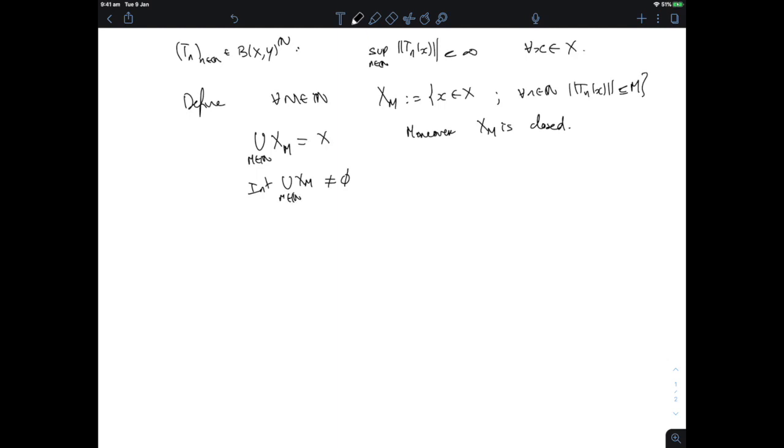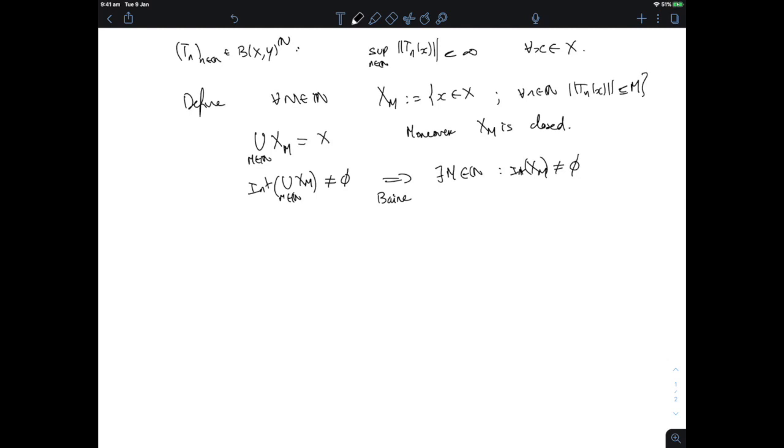And so by the contrapositive of Baire's theorem, if all of the X_M's had an empty interior, then the union would have an empty interior. So the union does not have an empty interior. In fact, it is the whole space. So there has to exist an M such that X_M has a non-empty interior.